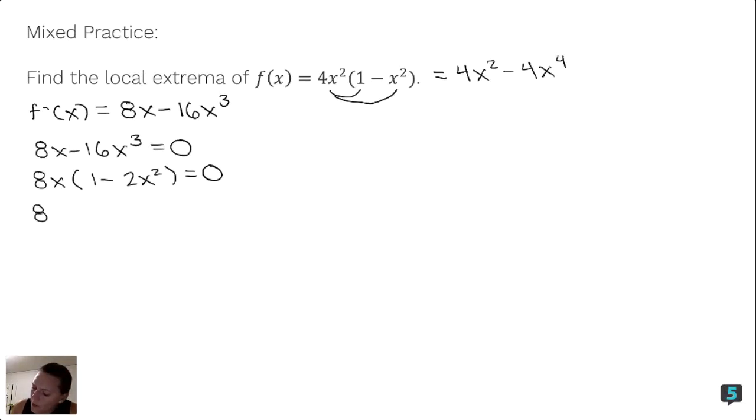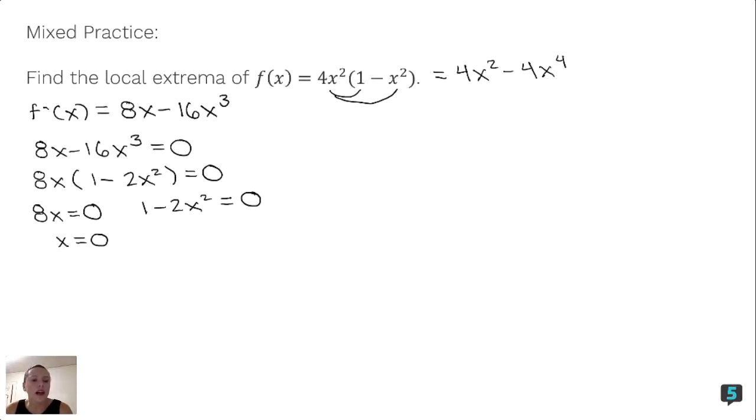Let's be real detailed in our work here. We're going to set 8x equal to 0, and we're going to set 1 minus 2x squared equal to 0. In that first equation, 8x equals 0, if we divide both sides by 8, we would get 0. So we've got our first critical number.